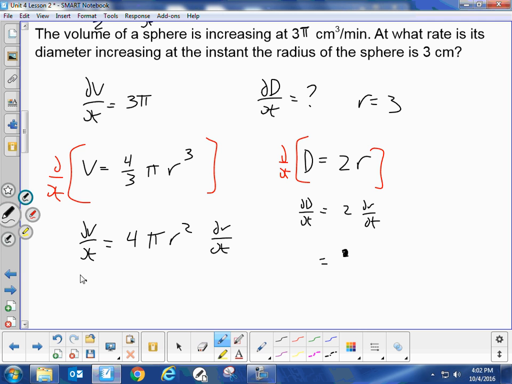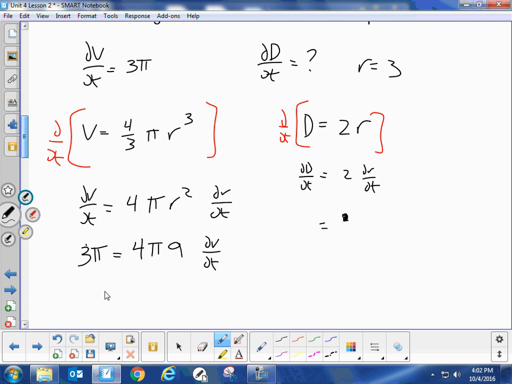Because volume is 3 pi, this is 4 pi, this is going to be 9. This is dr/dt, which I'm going to find. I will divide by 36 pi. So 3 pi over 36 pi. The pi's will go away. This will just be 1 over 12. And that's equal to dr/dt.